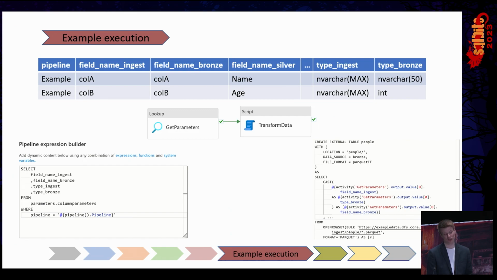Here you can see I just chose the first row and showed an example where you use the name in ingest to reference what data is called in the Parquet file. You use the name in bronze for what you want to rename it to, as well as the type in bronze for how you want to cast it.